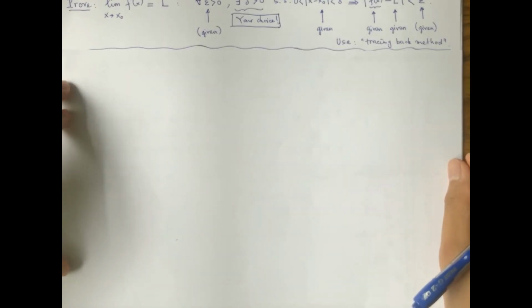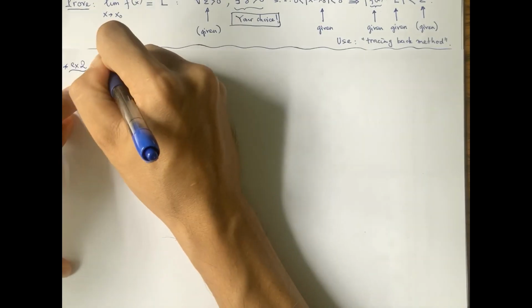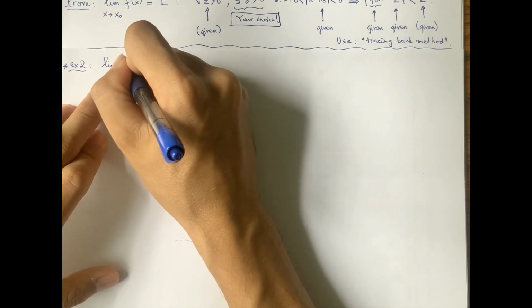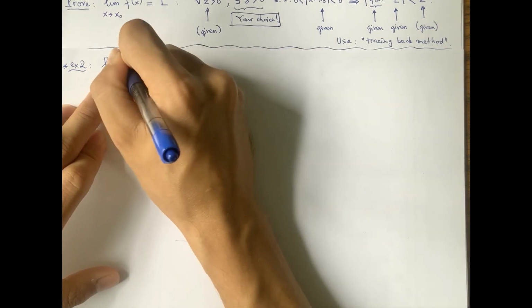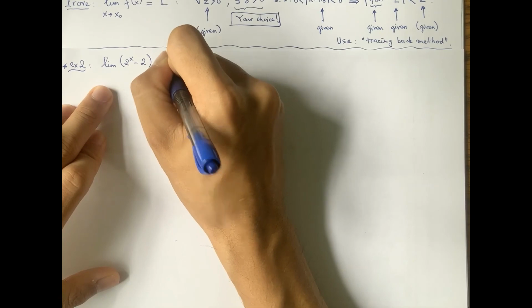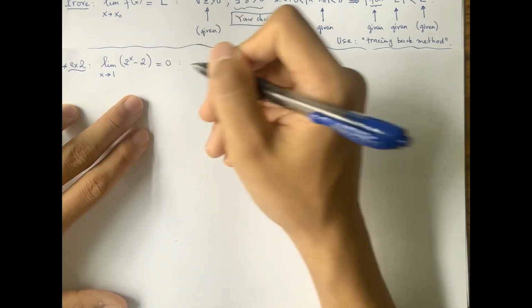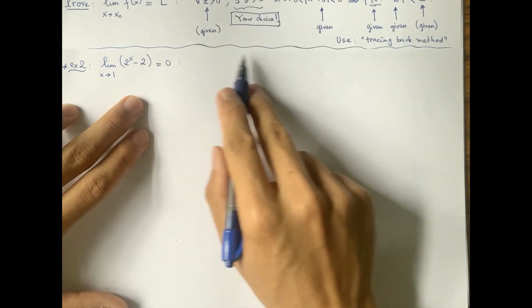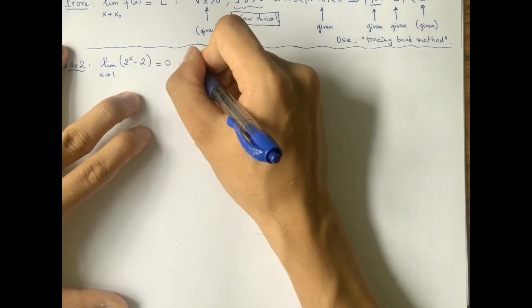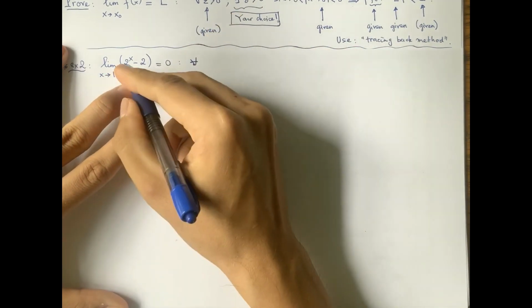So now let's consider another example. Prove that the limit of 2 to the x minus 2 equals 0 as x goes to 1. Then that means you will have to rewrite the definition for this specific case.